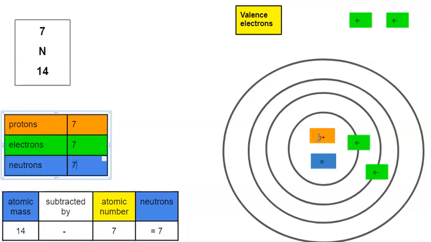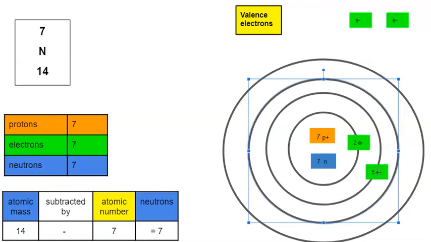So, in our nucleus, we have 7 protons, we have 7 neutrons, and our first orbital for our electrons will fill up at 2, and our other 5 electrons, because 7 minus 2 is 5, would go out to the second orbital. We have to stop and think, can the second orbital hold 5 electrons? Yes, indeed it can. It can hold up to 8.